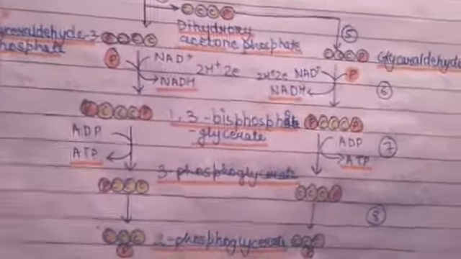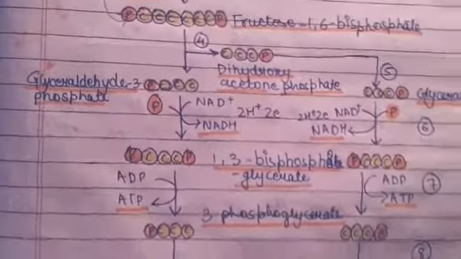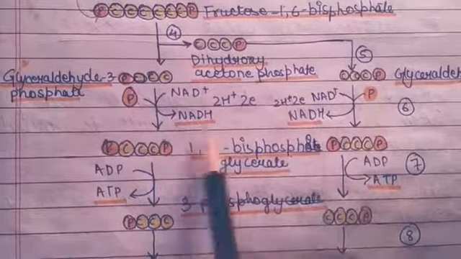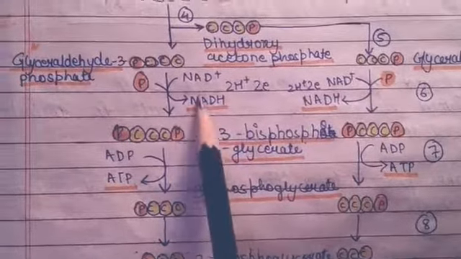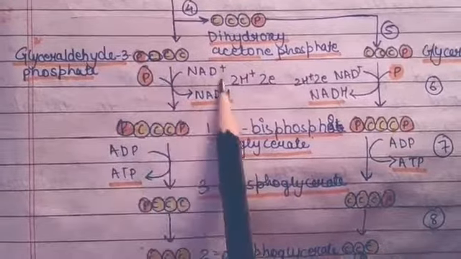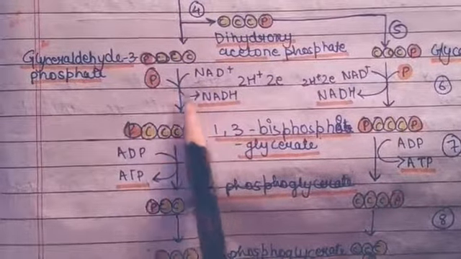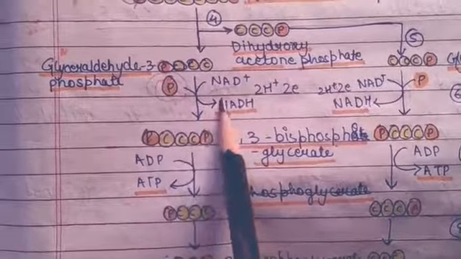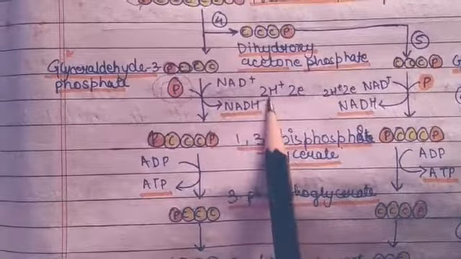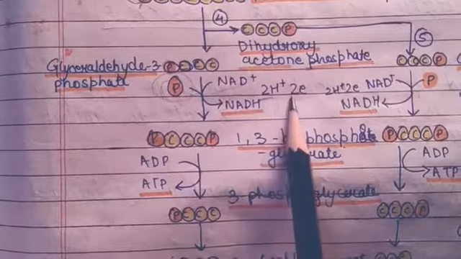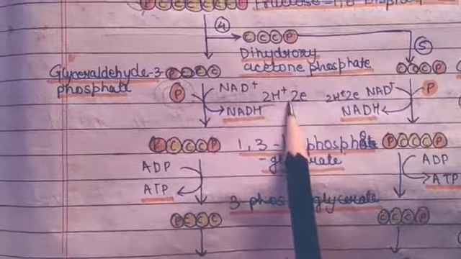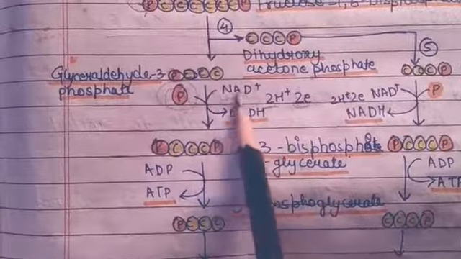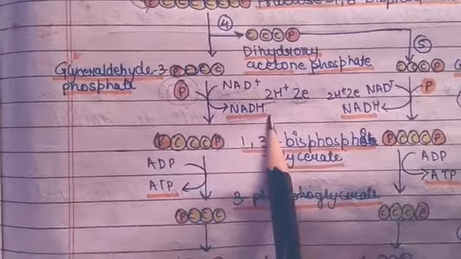The next reaction occurs from here. Now the 2 molecules separately undergo a chemical reaction. The glyceraldehyde 3-phosphate reacts and gives rise to 2 hydrogen atoms and 2 electrons, which add on to NAD plus and give rise to NADH.